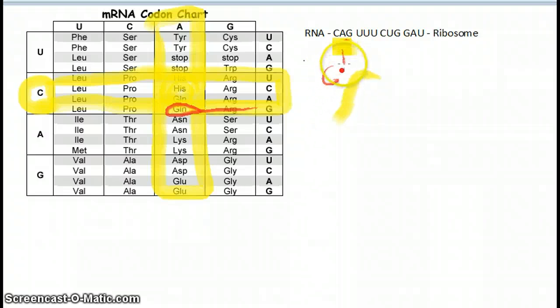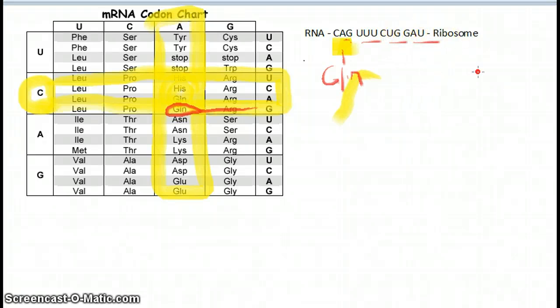GLN. So GLN is our amino acid, and we have decoded this fragment of RNA. Then I'm going to encourage you to decode the UUU fragment, the CUG fragment, and the GAU fragment.